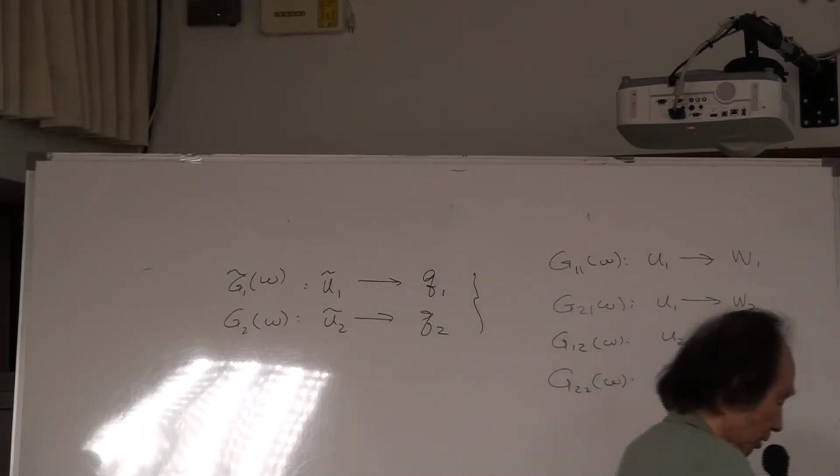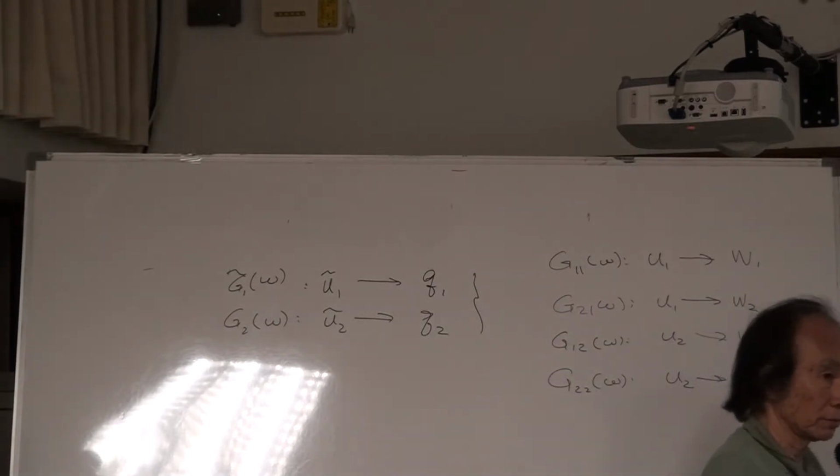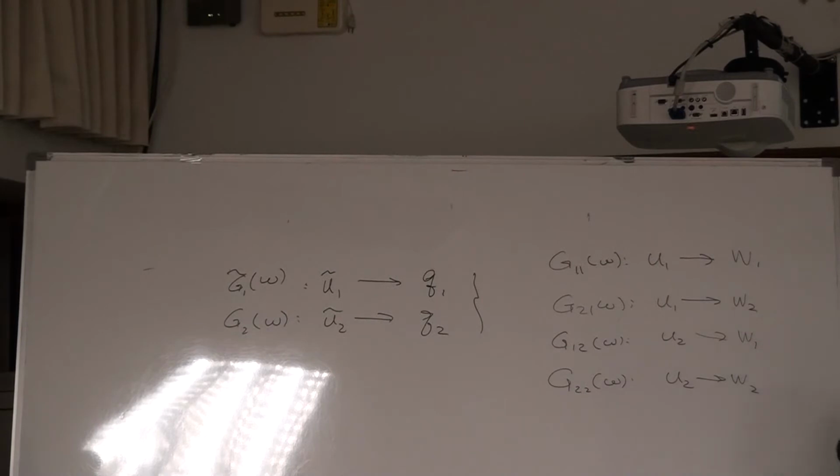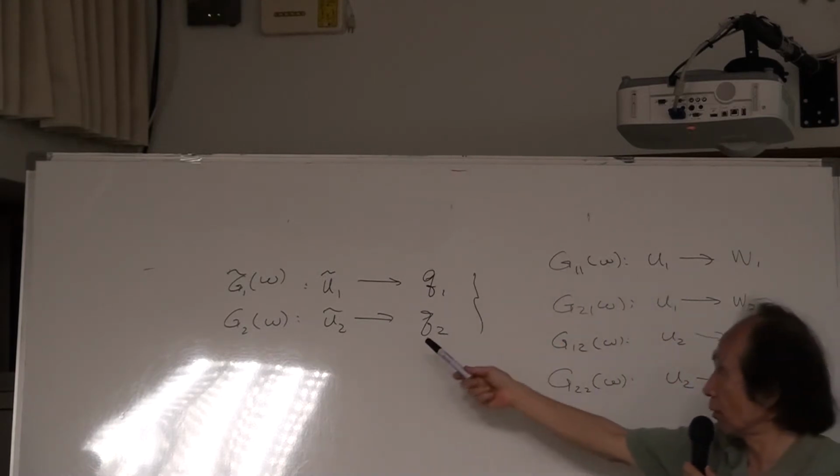So we have basically four different frequency response functions if we use the physical coordinates U1, W1, U1, W2, U2, W1, U2, W2. However, G21 and G12 are identical. But now we transform this frequency response function into the motor coordinates.